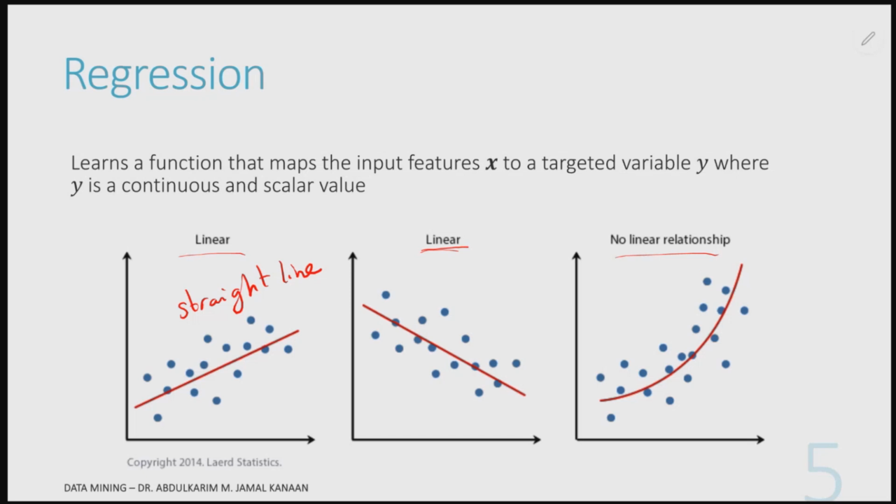If you are using a non-straight line, then we say we have a non-linear relationship. Like in this case, we can see there's a pattern. This is non-linear because you have to use a curved line. How about if you have a relationship like this of data?